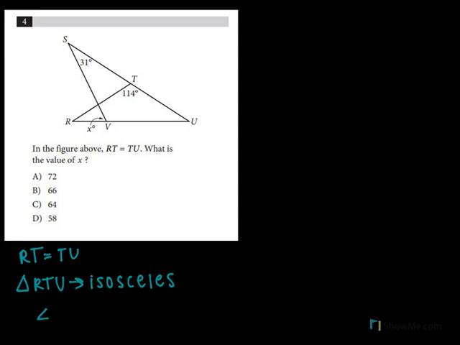From this we know that angle TRU is congruent to angle TUR. So since we know these angles are congruent, we can just mark them off, and let's use a variable, say y degrees, for both of these angles.